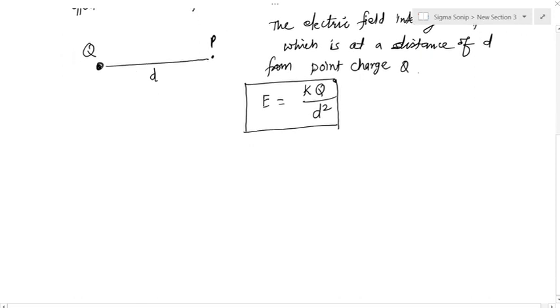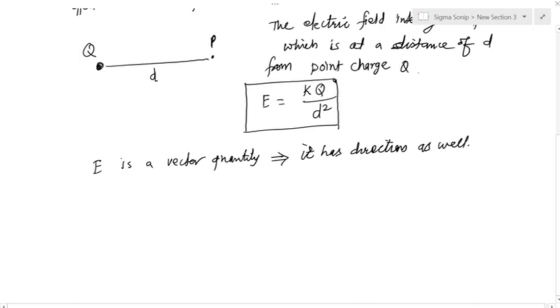Now just E is a vector quantity. Electric field intensity E is a vector quantity, which means that it has its direction as well.